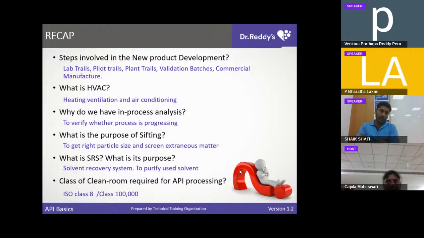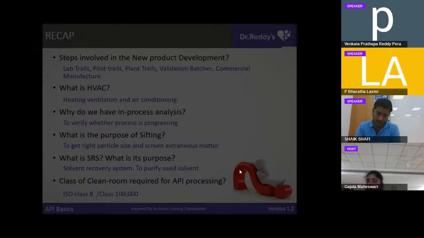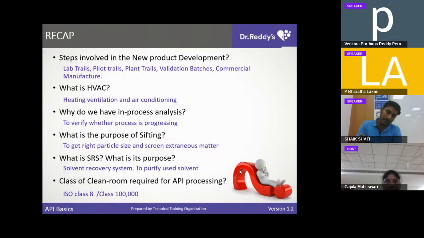Basically, the steps involved in new product development: I told lab trials first, followed by pilot trials, followed by plant trials, validation batches and regular batches. Then HVAC, heating, ventilation and air conditioning, is basically to supply air in the clean room. Then why do we do in-process checks?